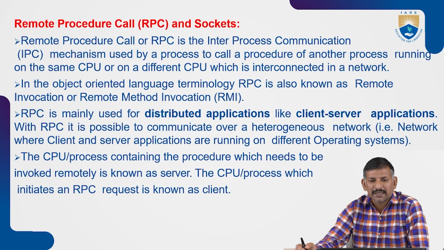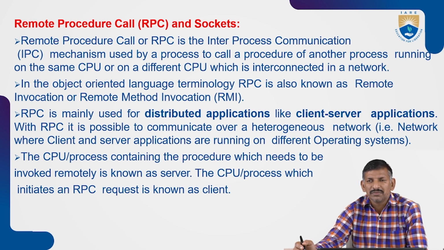So remote procedure call is the inter-process mechanism used by a process to call a procedure of another process running on the same CPU or a different CPU, which is interconnected in a network. Means we can share the information between different processes running on the same CPU or different CPUs.